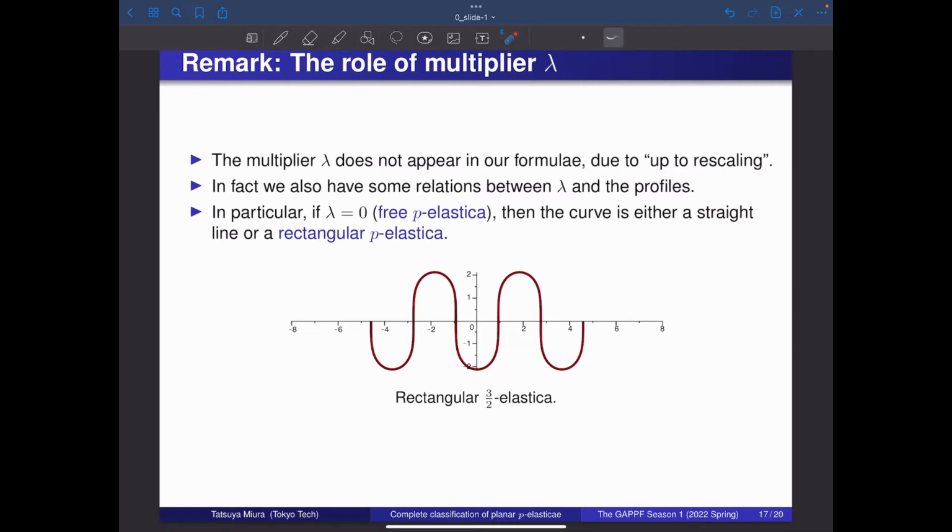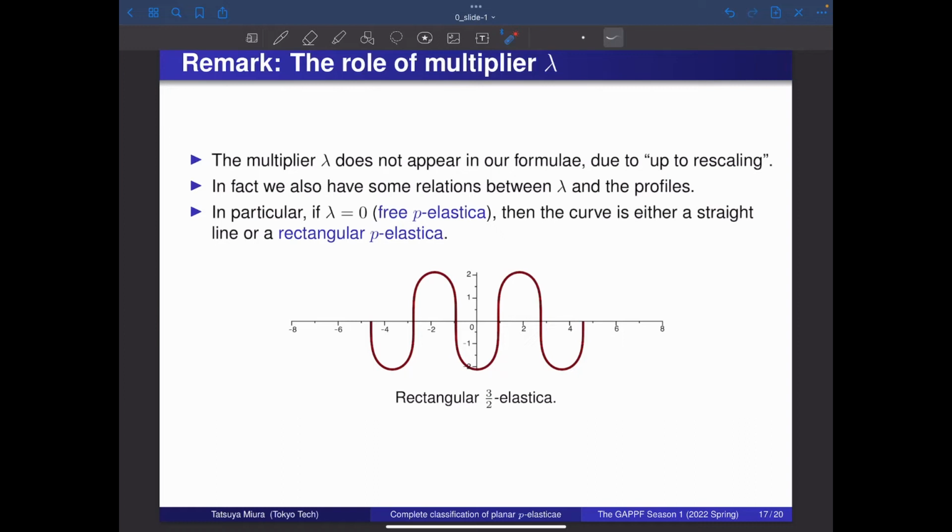So after rescaling, the scaling factor lambda vanished. So this is the reason why the multiplier lambda doesn't appear. But in fact, we also have some relations between lambda and the profiles of P-elastica, which are just skipped in our formulae.